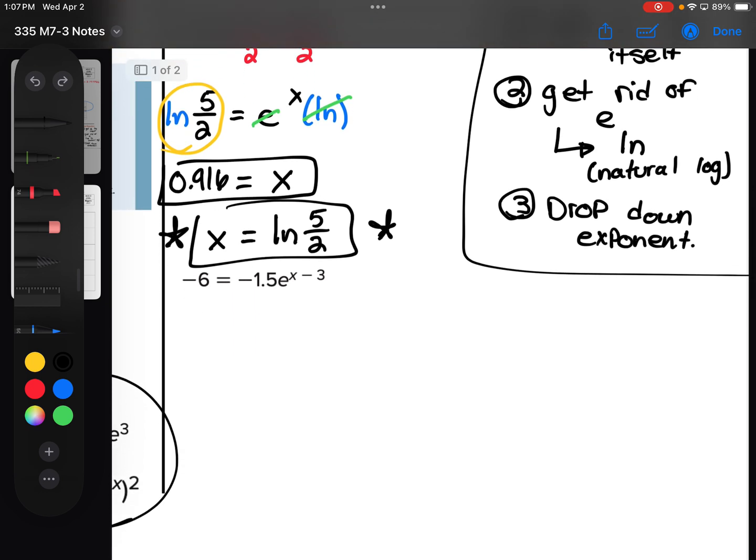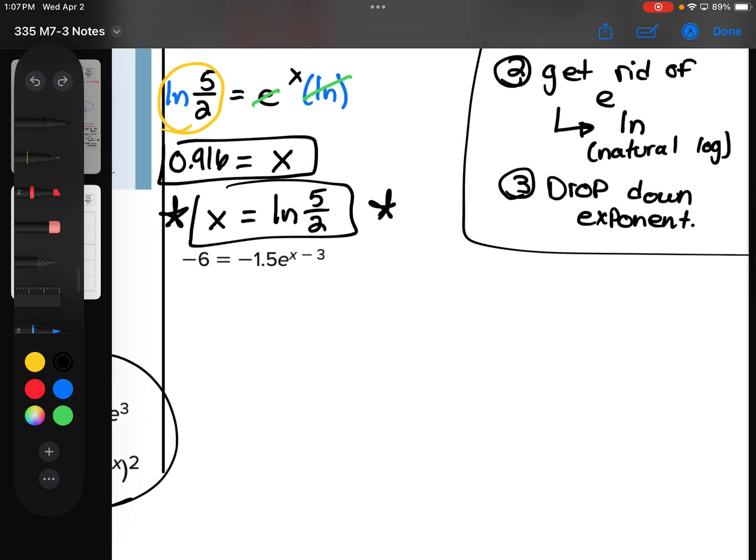So this next one here, if you're watching online, go ahead and pause the video, see if you can try it. In person, we are going to go ahead and solve for e. We're going to divide by that negative 1.5. Okay, so in my calculator, 6 over negative 1.5, or negative 6, is going to become 4.